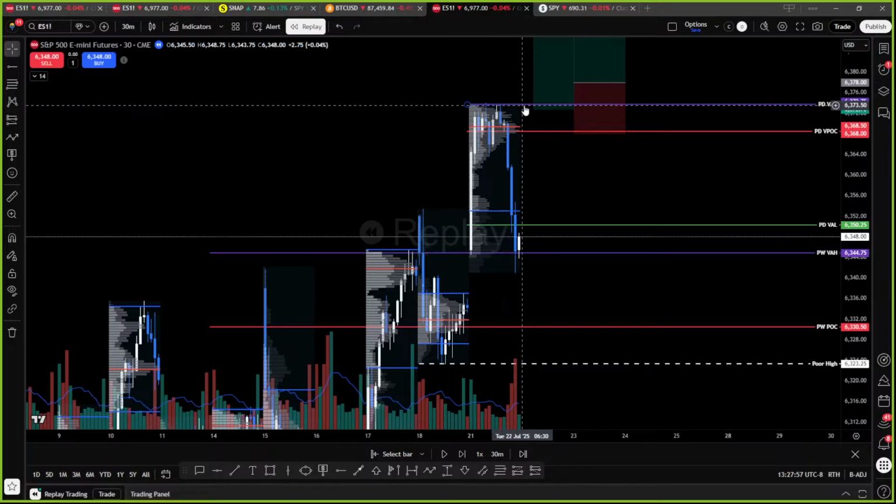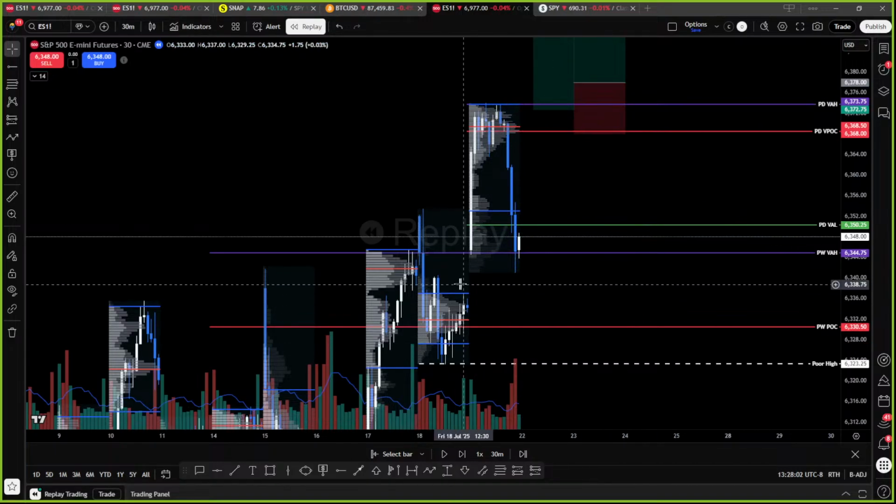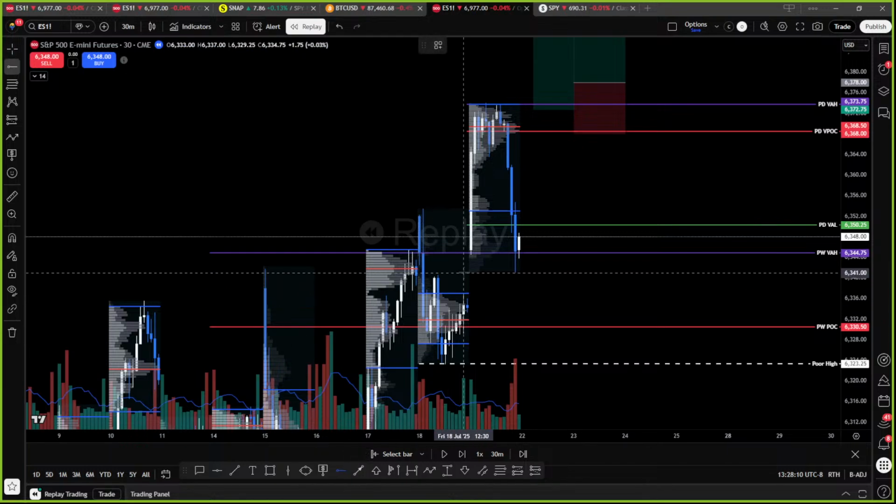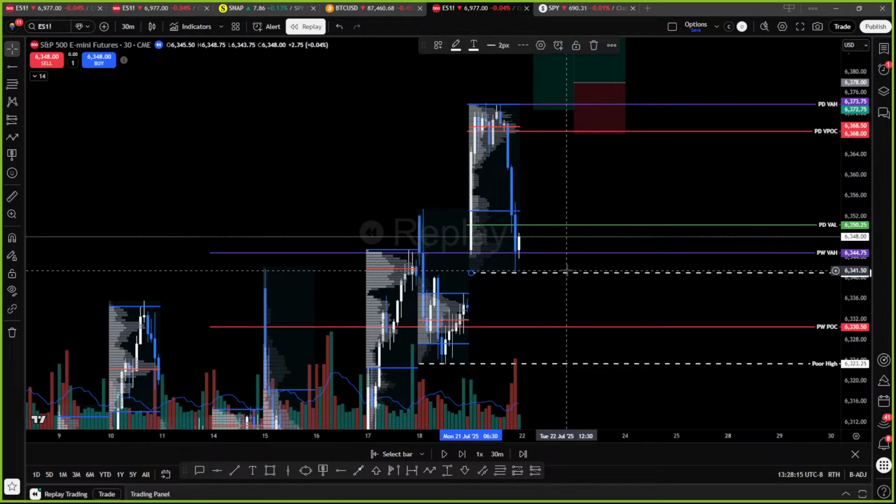We have a poor high. It's equal, so I'm not even going to bother typing it there, just because it's not going to change anything. If we take a trade there, we're still going to take it regardless. And then we have a small amount of single prints here at the bottom.